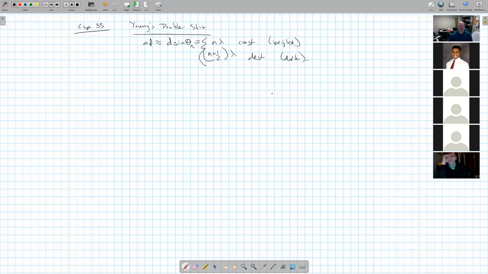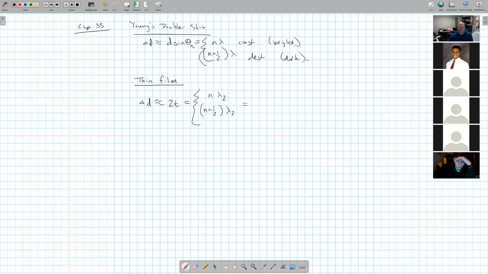What else did we do in here? So we also did, I'm going to skip the thin lenses. So we did thin film, sorry. Thin film interference. Here we said that the path length difference, delta D, was approximately equal to simply twice the thickness of the thin film, which was then equal to n times lambda 2, or n plus 1/2 times lambda 2, where this is lambda in the second medium.